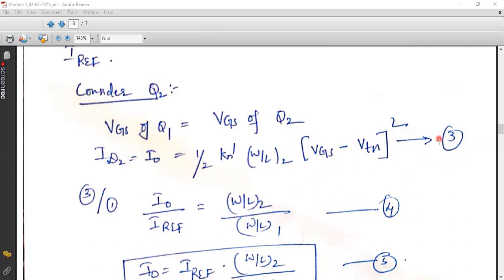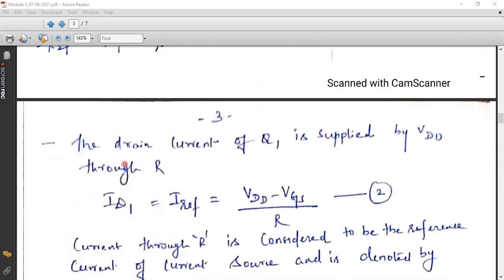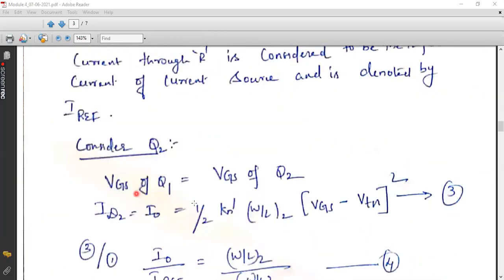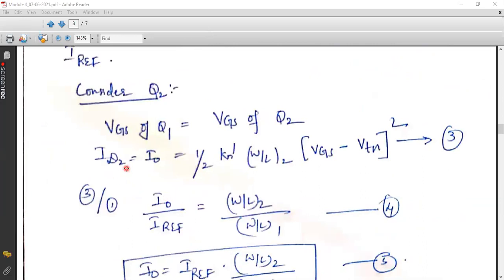I mean, this is the third equation we got. One equation is for ID1, and the next equation is for ID2, that is I0.